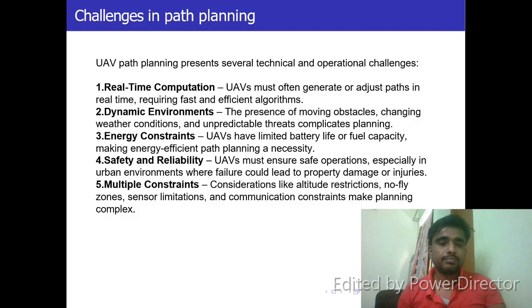Third is limited battery life, so energy constraints. The UAV must find energy-efficient routes to maximize flight time. Fourth is safety and reliability. The UAV must avoid crashes, especially in cities, to prevent damage or injury. And fifth is multiple constraints. The UAV must consider no-fly zones, altitude limits, sensor ranges, and communication issues.